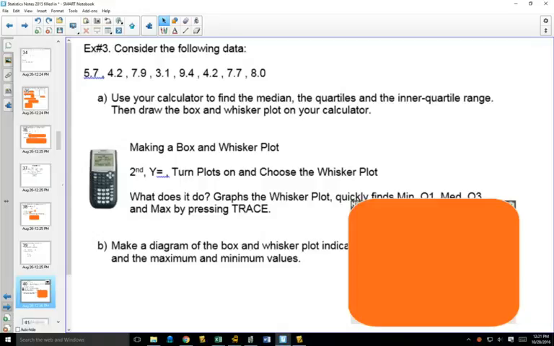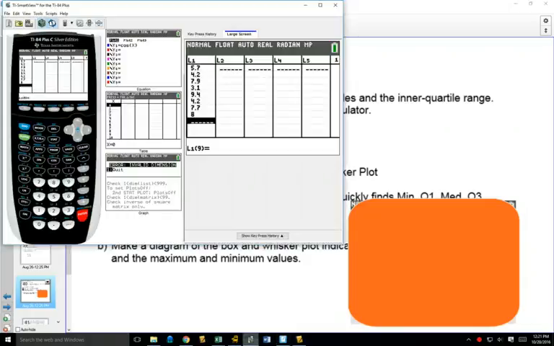So if we take out our calculator and put this data into list 1. So I'll give you some time to put that data in there, and then we'll learn how to make our box and whisker plots.